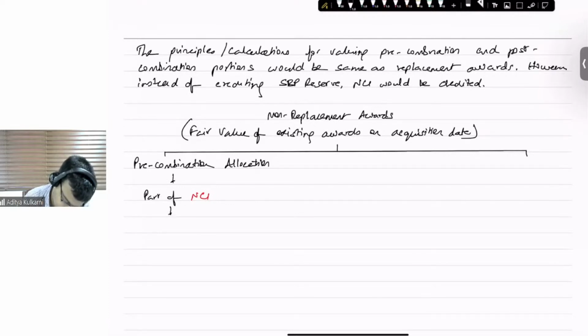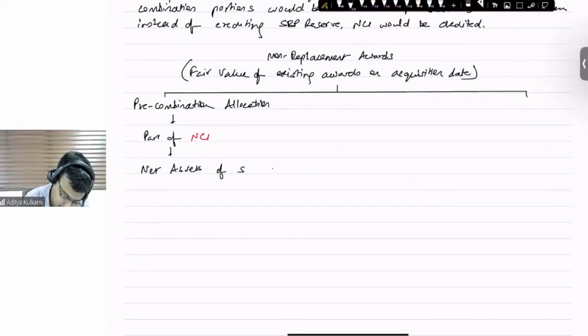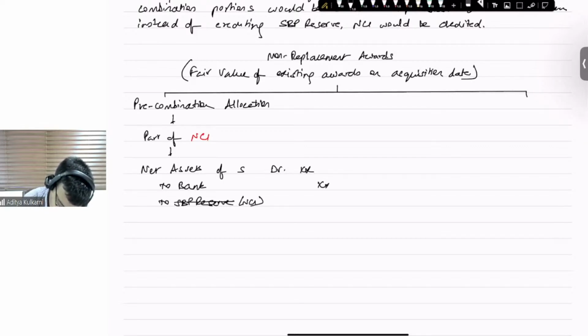So the entry will be net assets of S debit, show it as SBP reserve, cancel and write it as NCI. So you know that the difference is only in the last item.